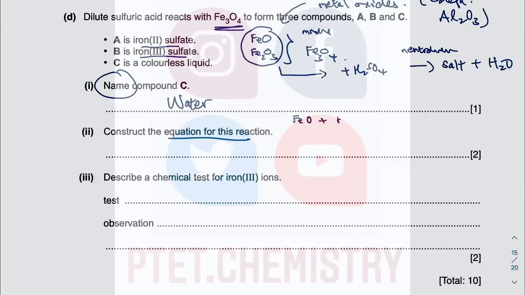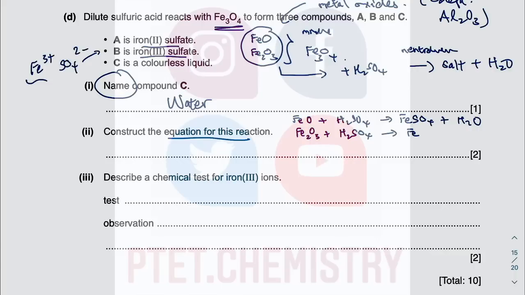FeO plus H2SO4 will give you FeSO4 plus H2O. That balances automatically. Fe2O3, which is iron 3 oxide, plus H2SO4 will give you Fe3+ plus SO4 2-. As you know, the LCM of 2 and 3 is going to give you 6.